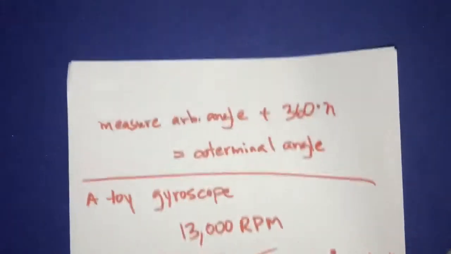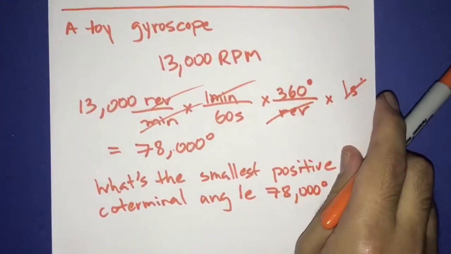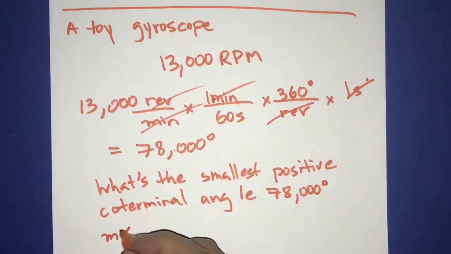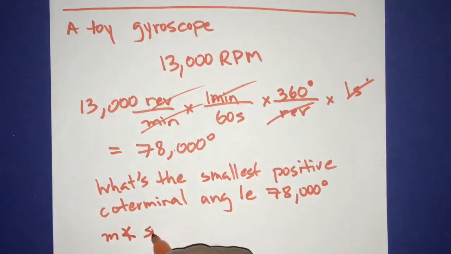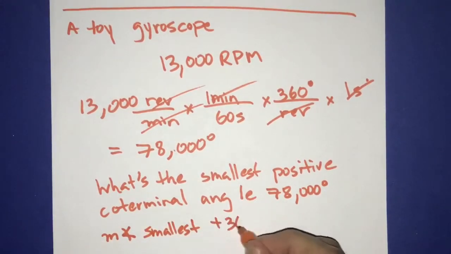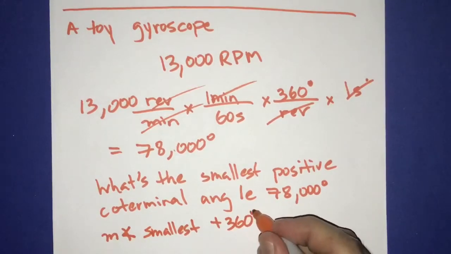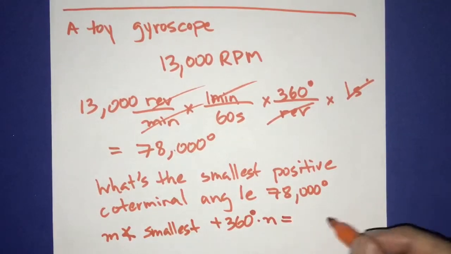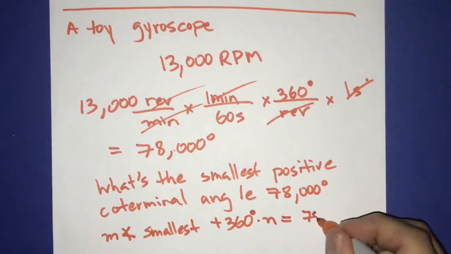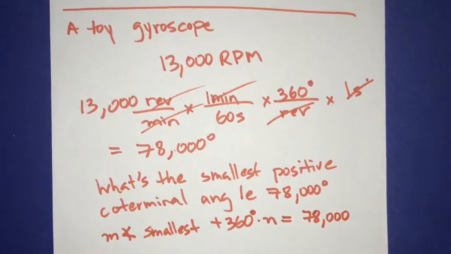So we're going to just use this formula we had up here. So we're going to get the measure of the smallest coterminal angle. That's going to equal 360 degrees times our integer multiple, and that equals 78,000 degrees.